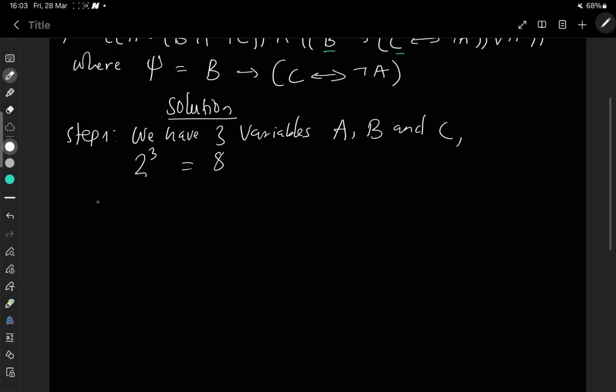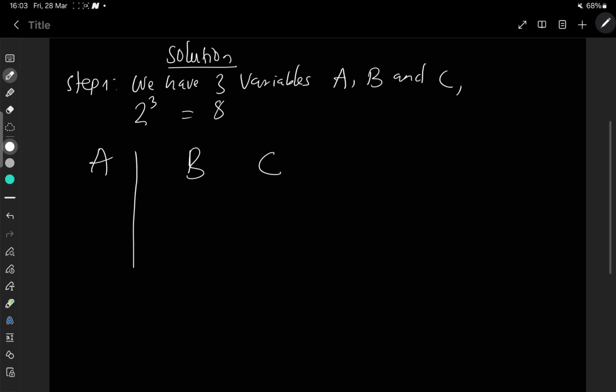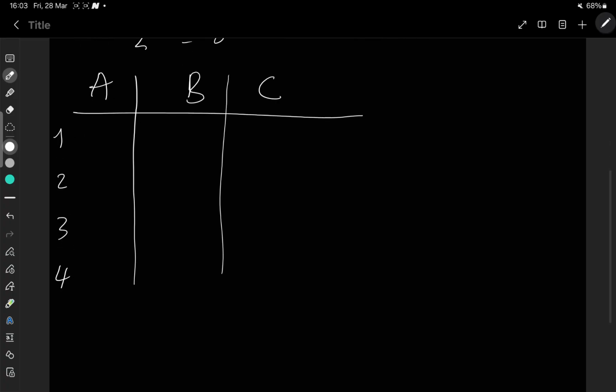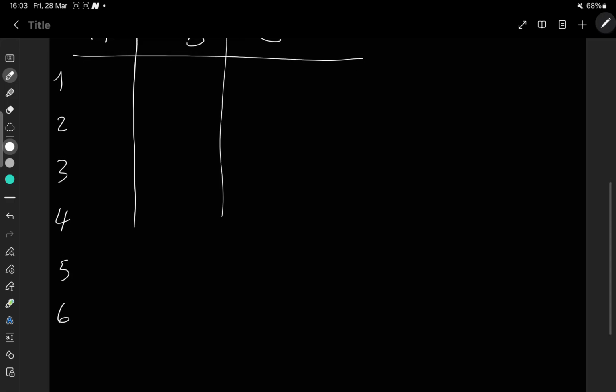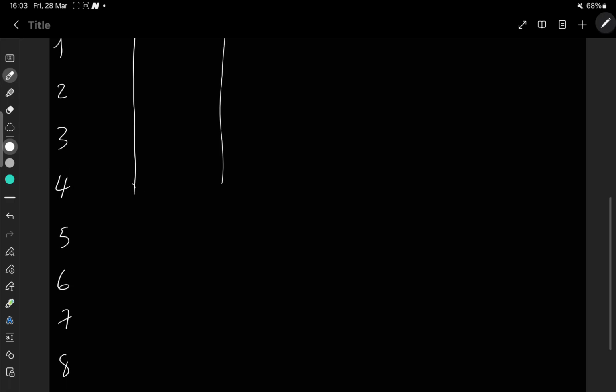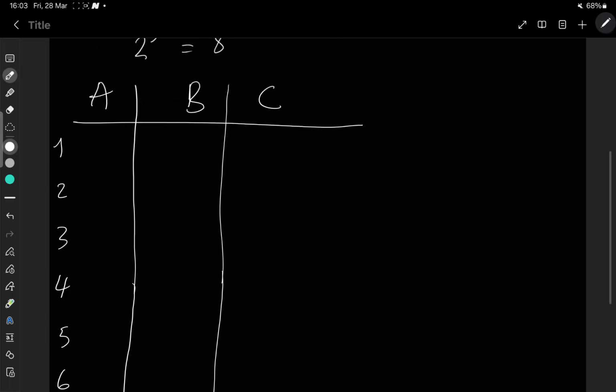So now we draw our table A, B, and C. Then we have 1, 2, 3, 4, 5, 6, 7, and 8 possible combinations.